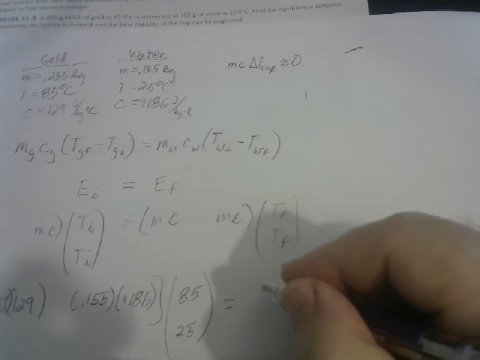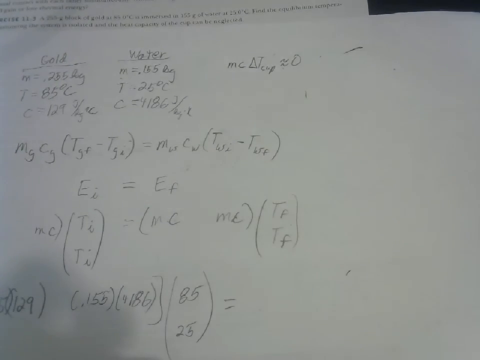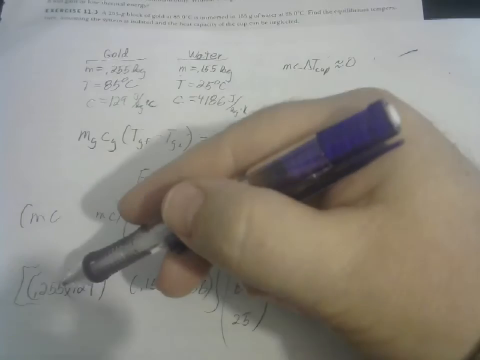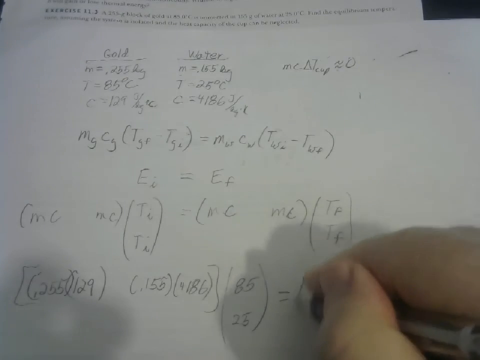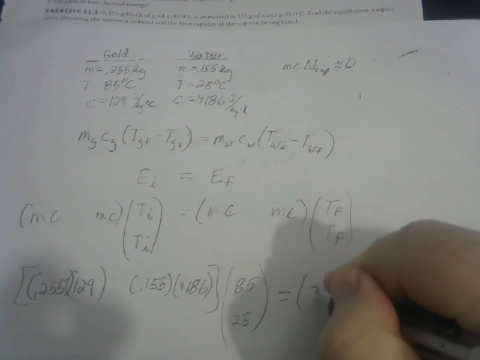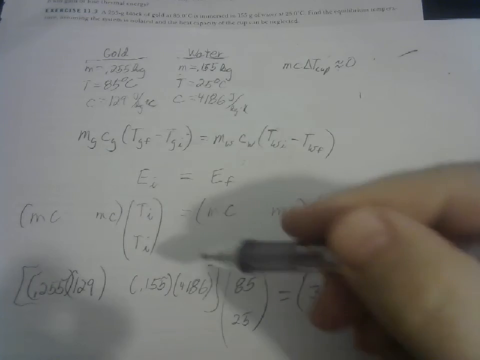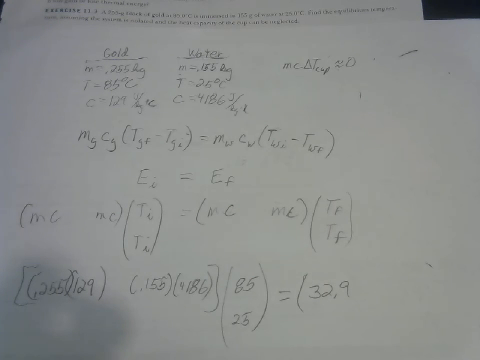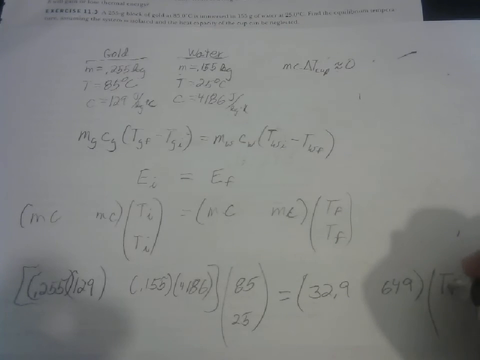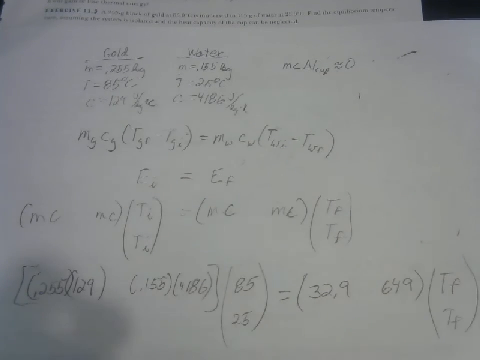And then over here we get the same numbers. 0.255 times 129 is 32.9, and 0.155 times 4,186 is 649. And here, both of the T finals are going to be the same.